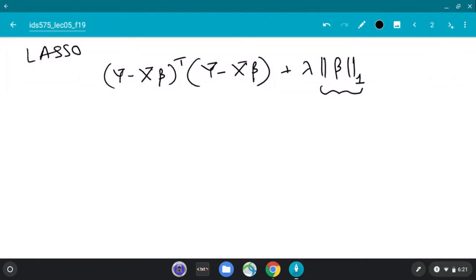Norms are just properties, I mean, they just map from a vector to a number. They have some nice properties, but for us, we just think in terms of regularization. So this is essentially equal to the sum over j equals 1 to p of the absolute values of beta j.